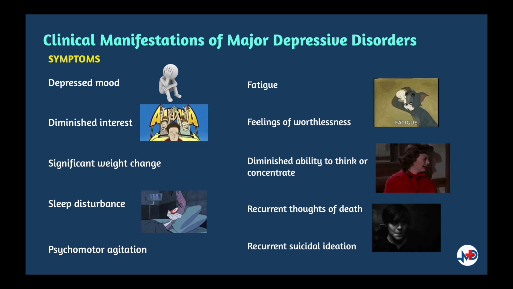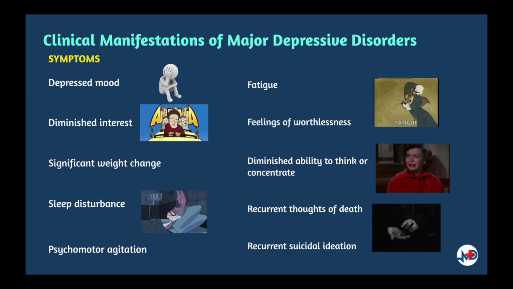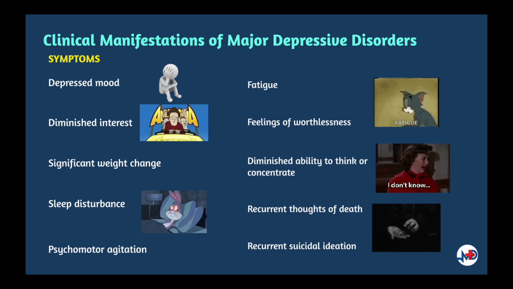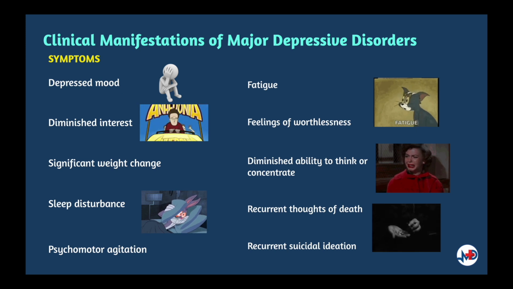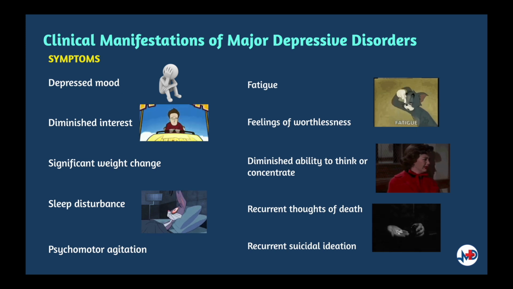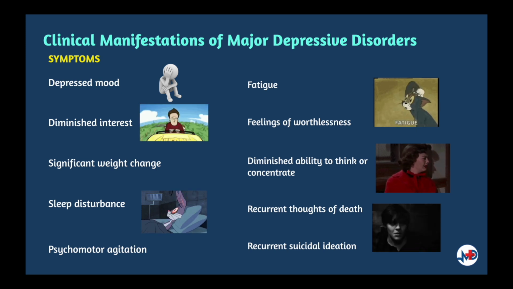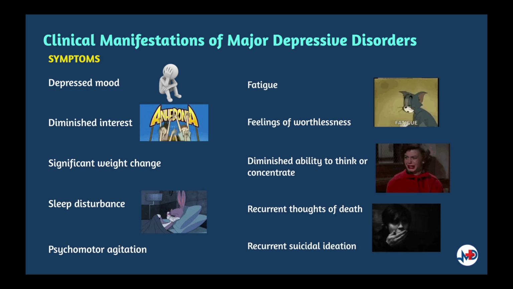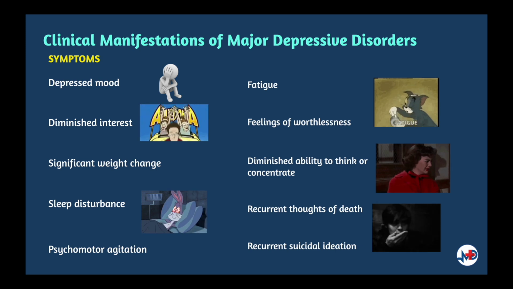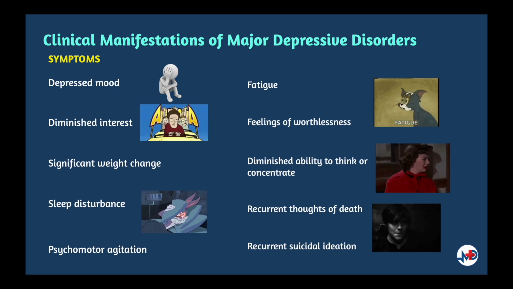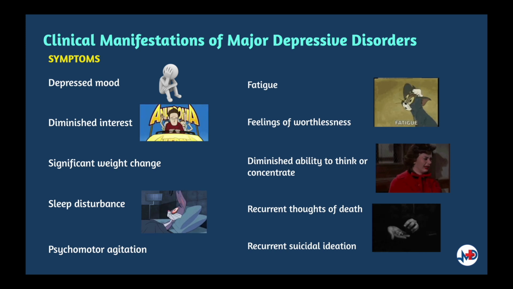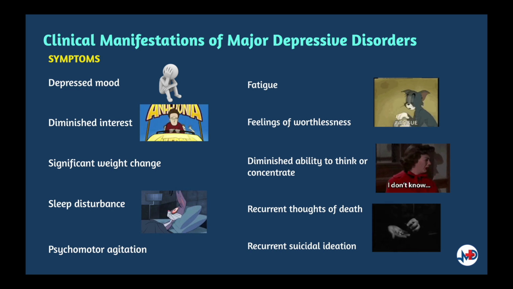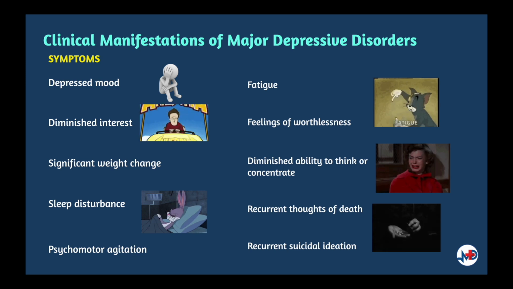Others may include significant weight changes, sleep disturbances, psychomotor agitation or retardation, fatigue or feeling of loss of energy, feeling of worthlessness, diminished ability to think or concentrate, recurrent thoughts of death, and recurrent suicidal ideation without a specific plan, or suicidal attempt or specific plan for committing suicide.